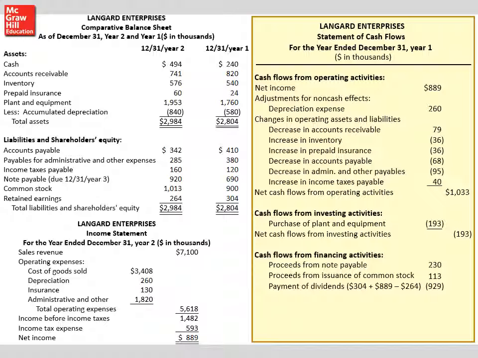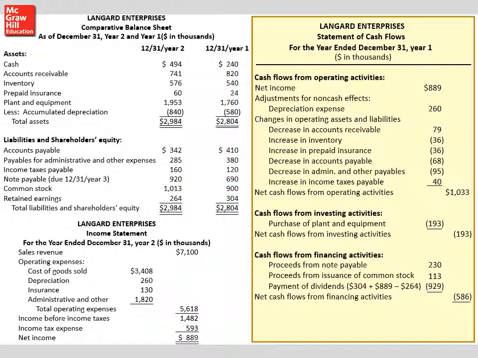Because the only things affecting retained earnings as far as we know is the beginning balance plus net income. If there were no dividends, that should be the balance of our retained earnings, but our balance is only 264. So the difference is a decrease in retained earnings and also an overall decrease in cash because the dividends were paid with cash. So net cash flows from financing activities, 586.